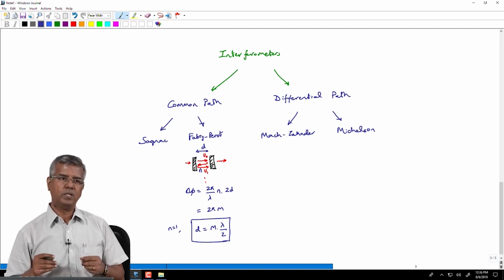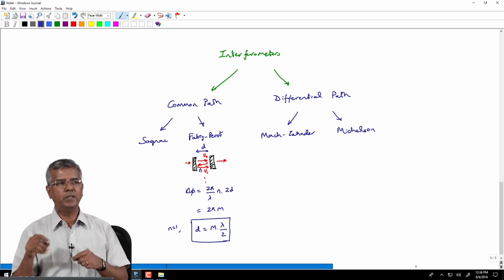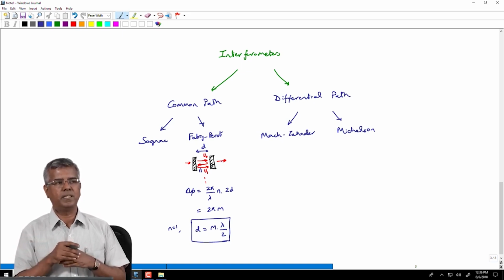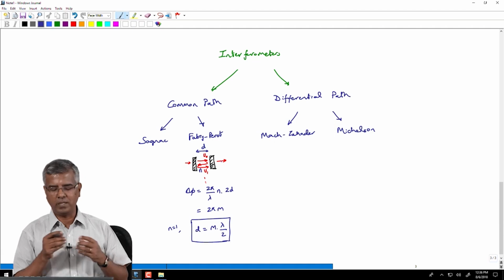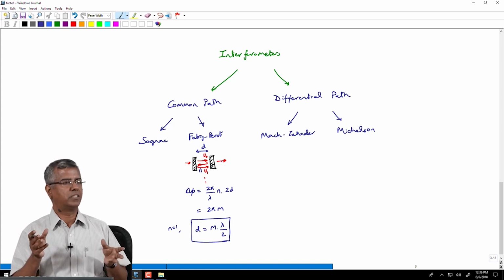And of course, if we are talking about spectral selectivity, what do you need to have here? If you want to have high spectral selectivity, you need a larger number of interfering components. So, what enables more interfering components in this configuration? There should be very low loss.